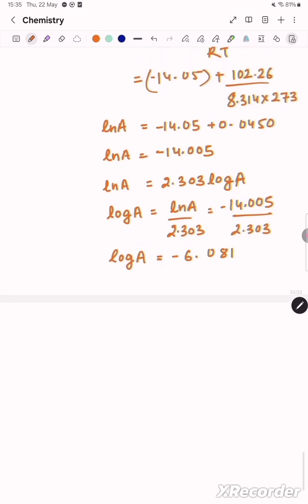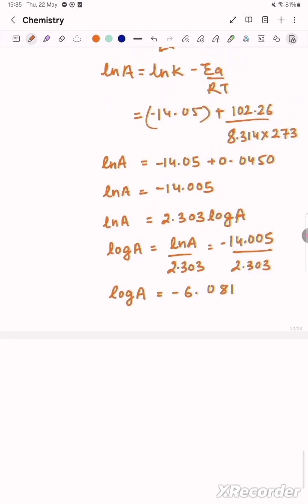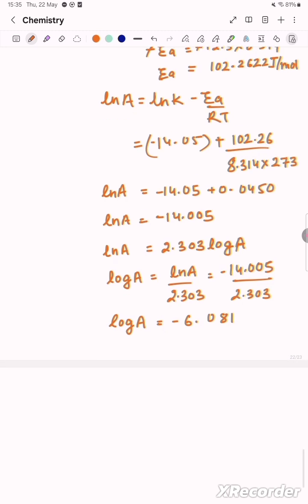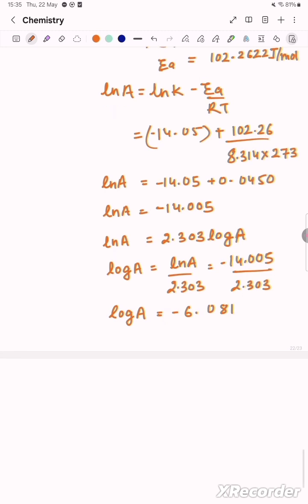Lots of calculation is there. What will I do? Because in the question they said you have to calculate this in this way. No other option is there. Now log A value is minus 6.081. So we have to take anti-log of minus 6.081.